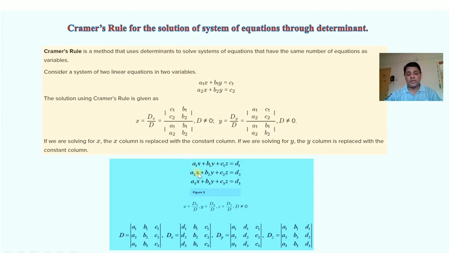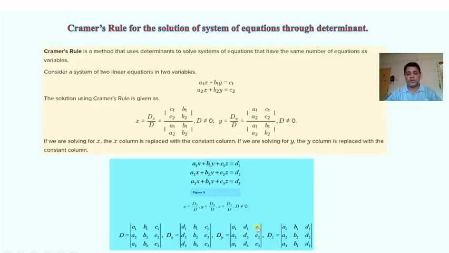For dz, we start with all the variables previous to it: a1, a2, a3, then b1, b2, b3, and then because we have taken z, z's coefficients cannot be taken over here. So d1, d2, d3. At last, z will be replaced by constant terms, that is d1, d2, d3.